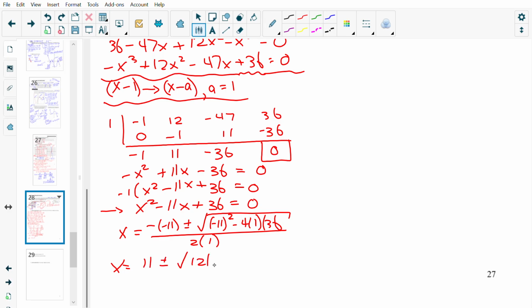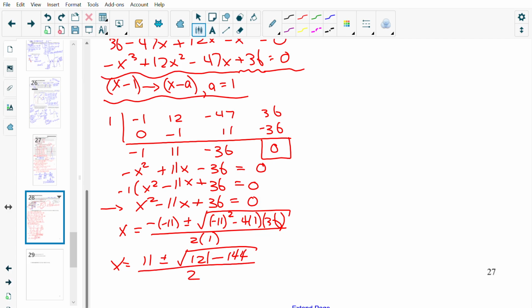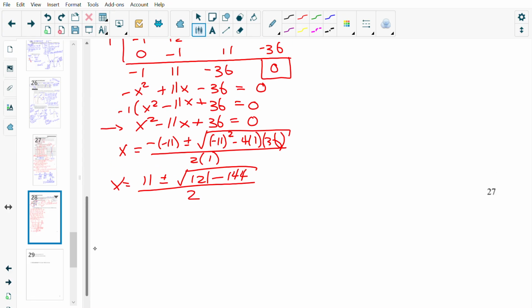That's positive 11 plus or minus the square root of 121 minus 144. Ooh, I know what's going to happen here. Look at the discriminant, right? The discriminant is less than 0. Remember that? Review, Math 20-1. Right? Delta is less than 0. What happens, right? Let me just simplify this a little bit.